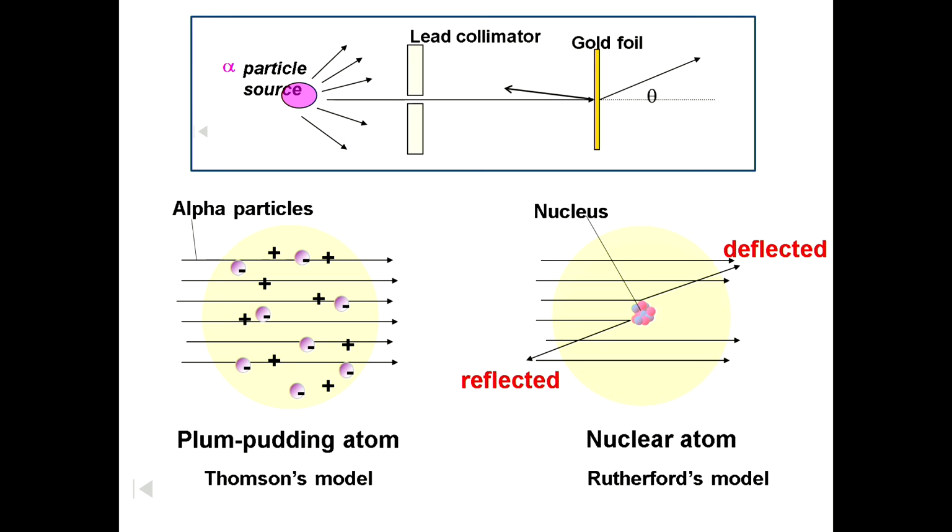So this is the Rutherford model, also called the nuclear atom. Of course, this model is better than the plum pudding model, right? Okay.